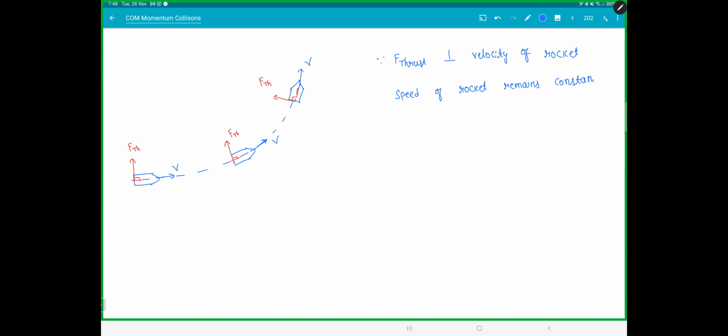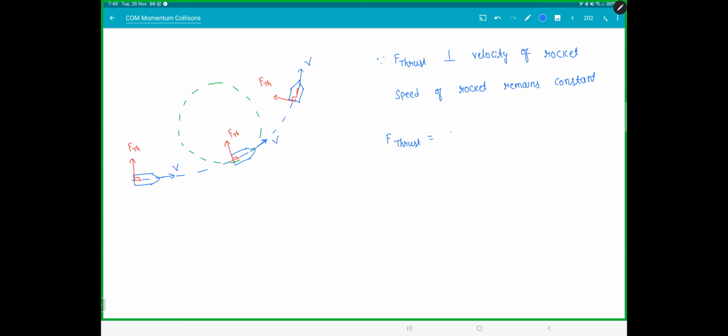Speed of the rocket remains constant. Fair enough. So then what is this force doing exactly? At any point of time, if you see, this is going in a circle like this, isn't it? It's going in a curve. So the thrust force is responsible for the centripetal force.